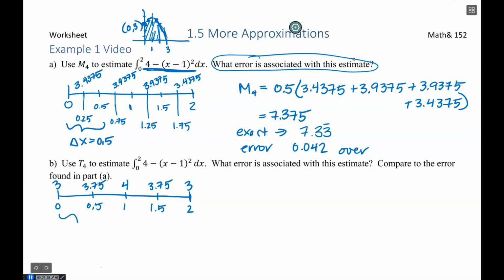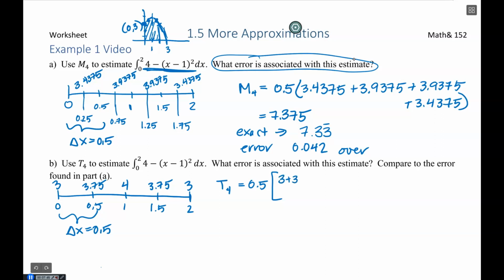And what trapezoid rule does is it says, let me get my delta x down here. So T sub 4, you will multiply everything by 0.5, so you can factor that out again, just like before. But then in here, you're going to be taking those two y values and averaging them.